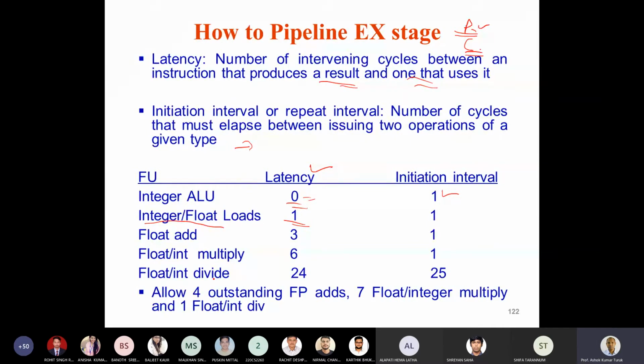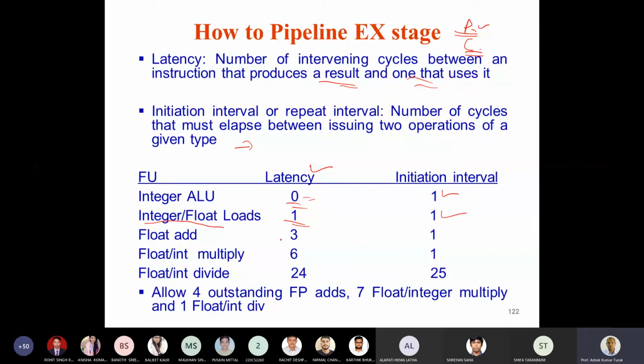So for a load followed by an instruction that uses its result, you have a latency of 1. That means after 1 clock cycle you can use the result of the load, and the initiation interval is also 1.